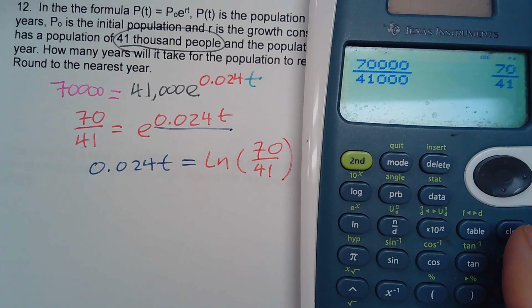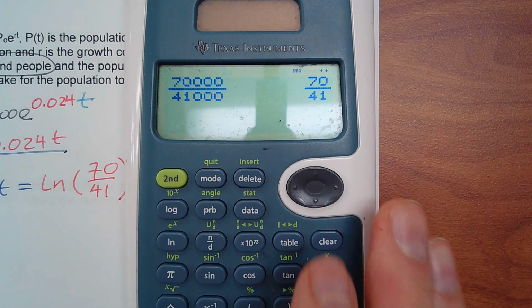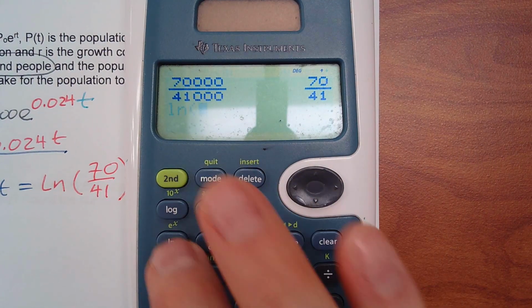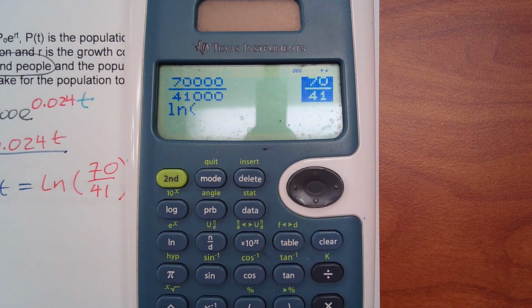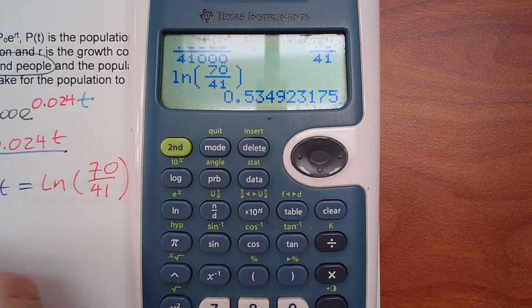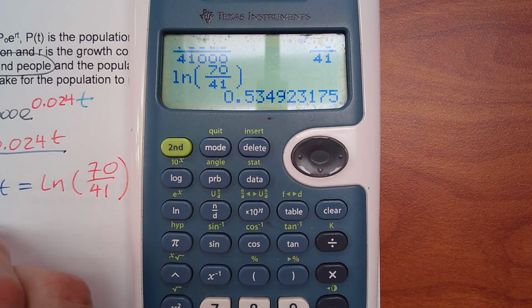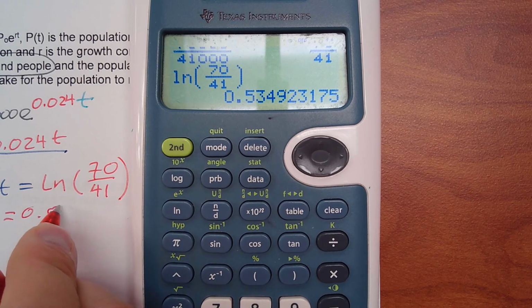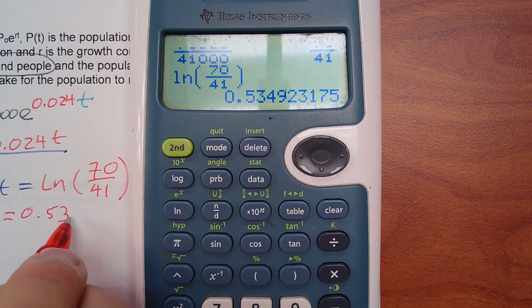Okay, so now let's take the natural log. I'll go ahead and grab that answer of 70 over 41. All right, so 0.024t is 0.53 and so on.